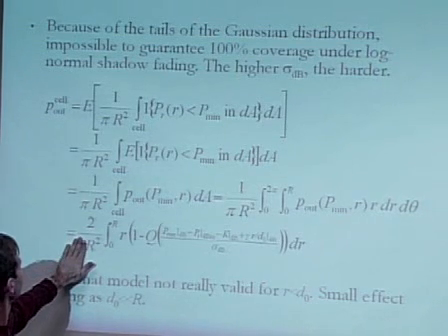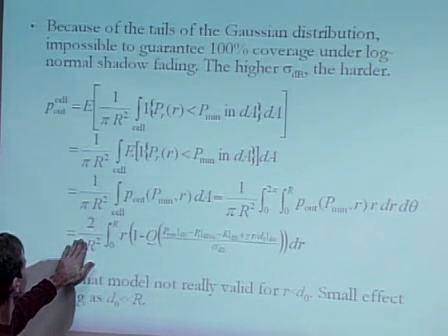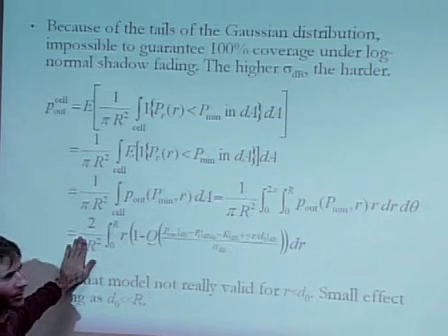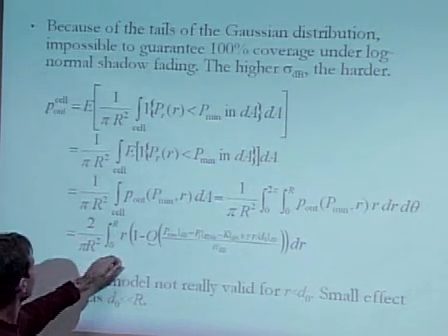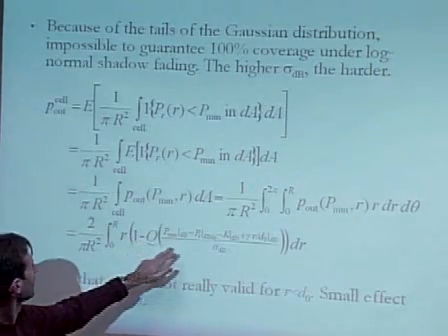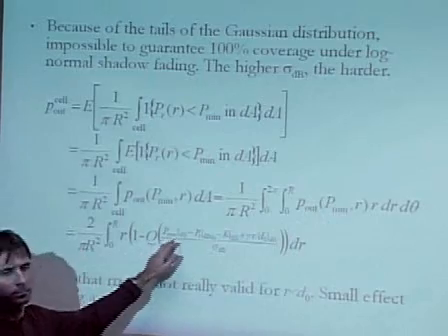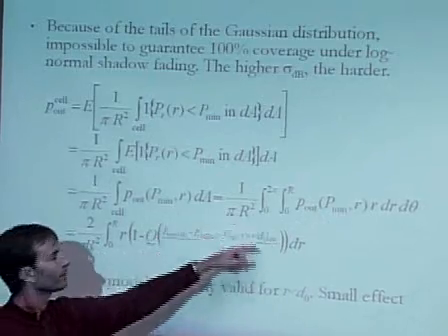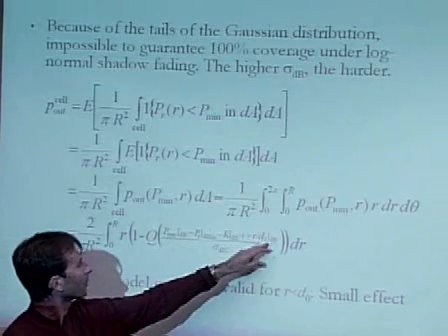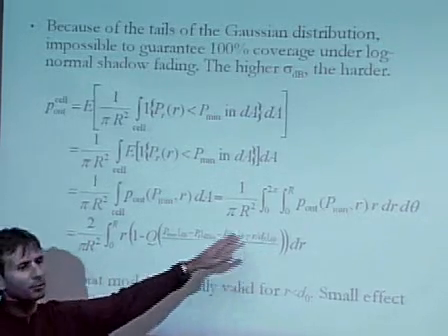I think this pi shouldn't be here. So I apologize, let me correct this. And we still have the integration over r of P out, which, remember, we just saw is 1 minus Q of all this stuff. So this is the intercept, gamma, and now it's r over d0. And that's how far we can go.